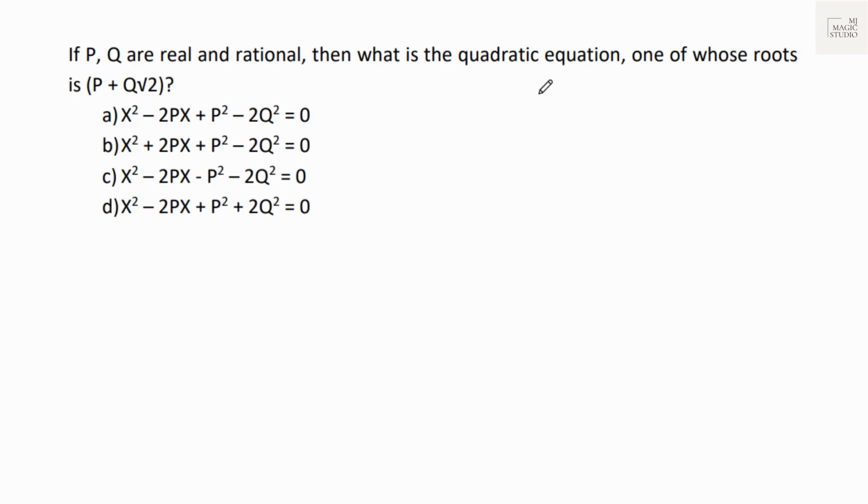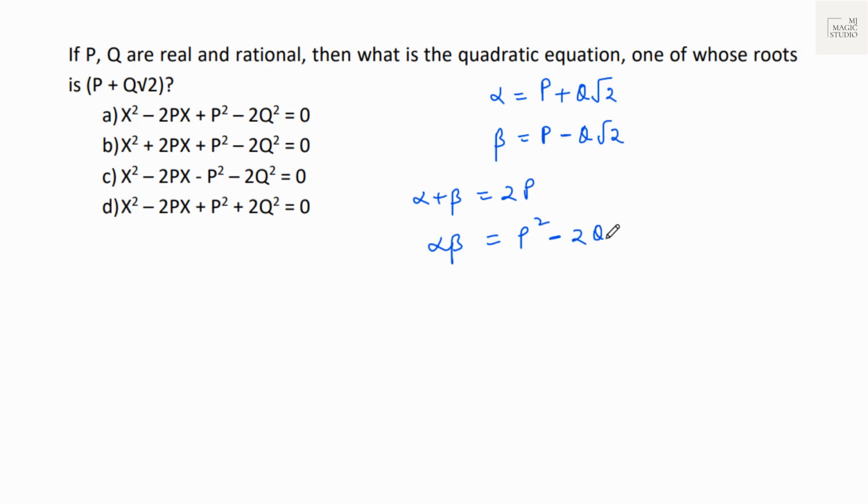Now we know that if one of the roots is P plus Q root 2, another root has to be P minus Q root 2. If alpha is P plus Q root 2, then beta is P minus Q root 2. We need the sum of the roots. If you add up, you will get 2P. We need the product of the roots. Product of the roots is (a plus b) into (a minus b), that is a square minus b square, so P square minus 2Q square.